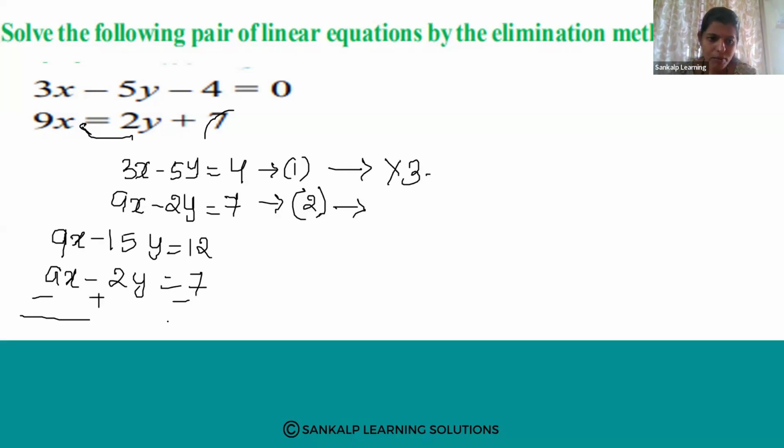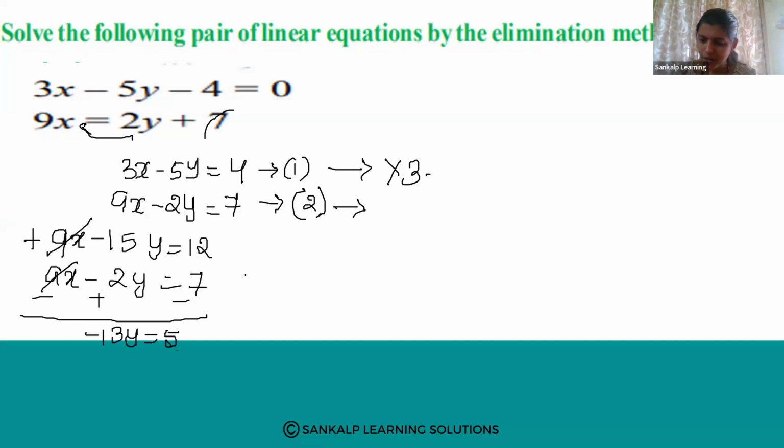Plus becomes minus, minus becomes plus. 9x and 9x will get cancelled because this is plus, this is minus. So both will get cancelled. Minus 15 plus 2, it is minus 13y is equal to 12 minus 7. 12 minus 7, that is 5 you will get.